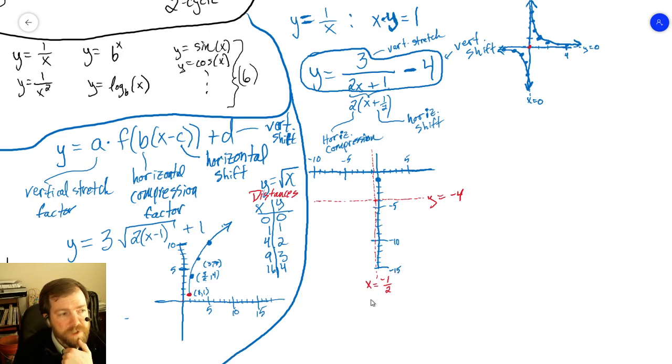All right, so x equals -1/2, y equals -4 is going to get us our two asymptotes for this particular function. Then what we do is we say, guess what? Once you have the initial value here, we don't need anything else.